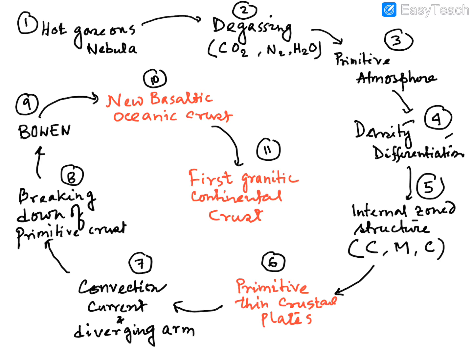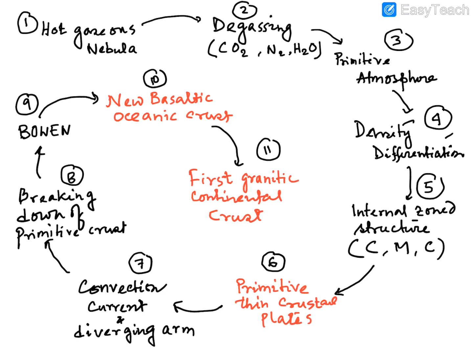Through a process called degassing, the nebula let out several atmospheric gases like carbon dioxide, nitrogen, water vapor, etc. And by degassing, the primitive atmosphere was formed.